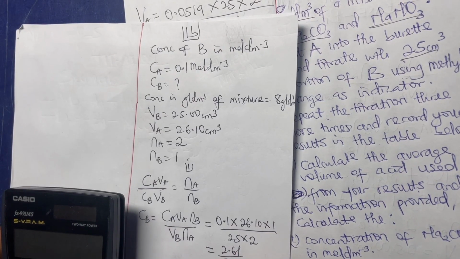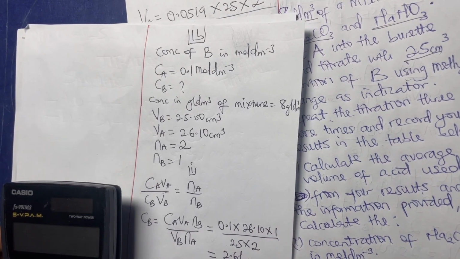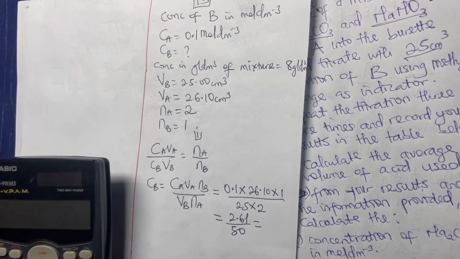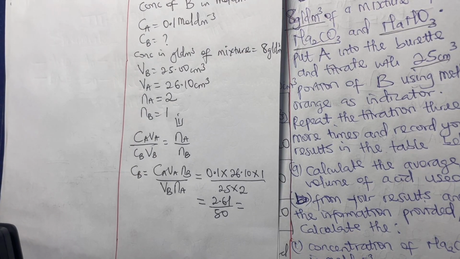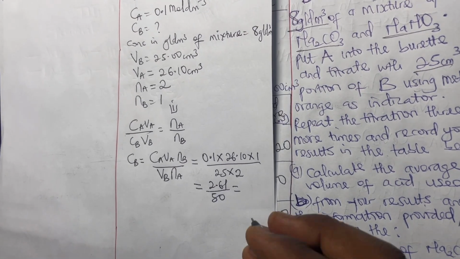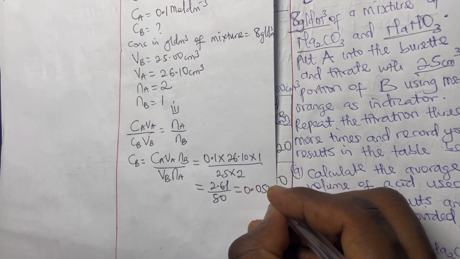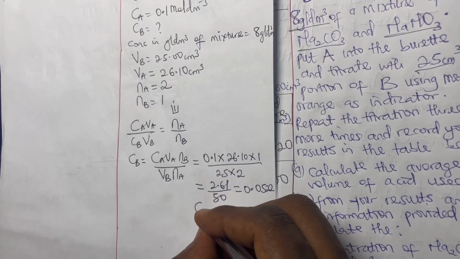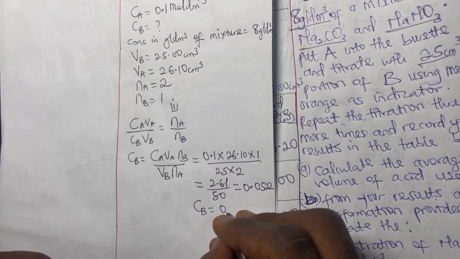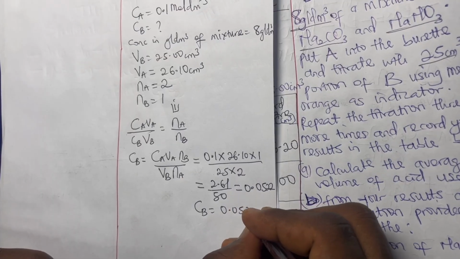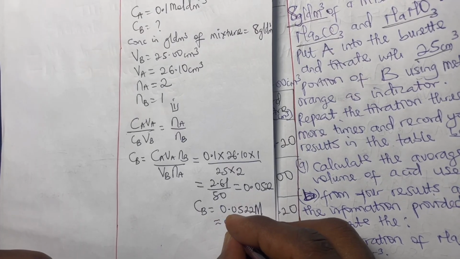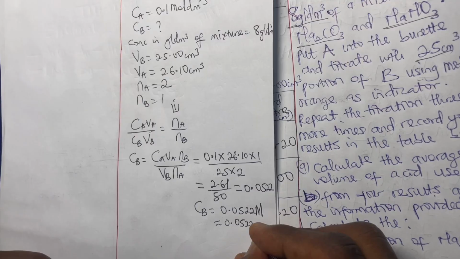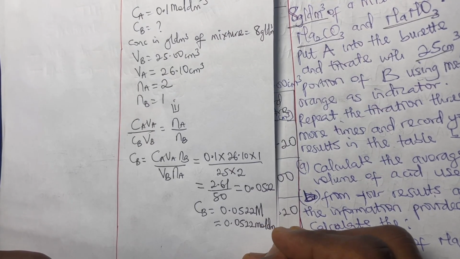2.61 over 50, and that gives me 0.0522. So my CB will be 0.0522 molarity, or you call it mole per dm cube. 0.0522 mole per dm cube.